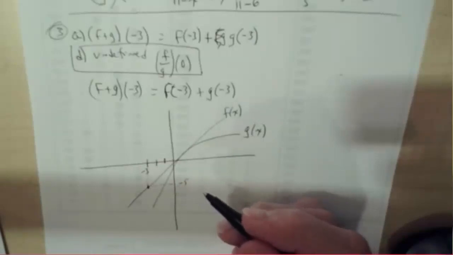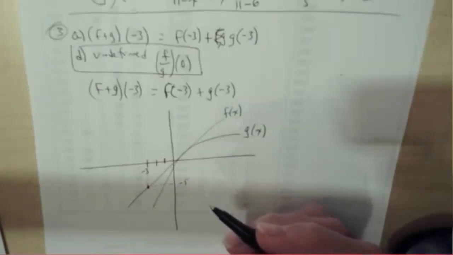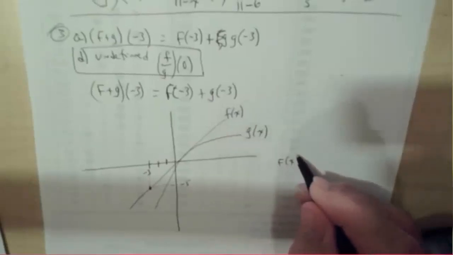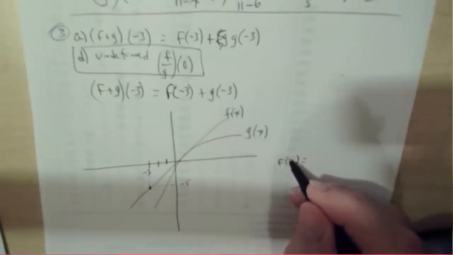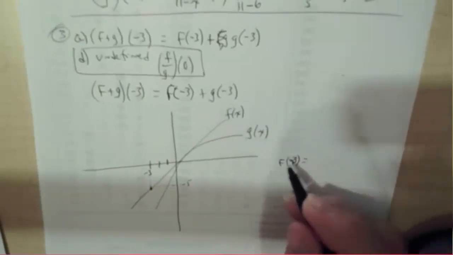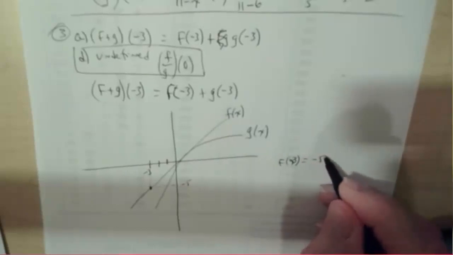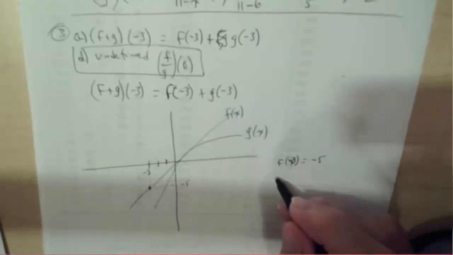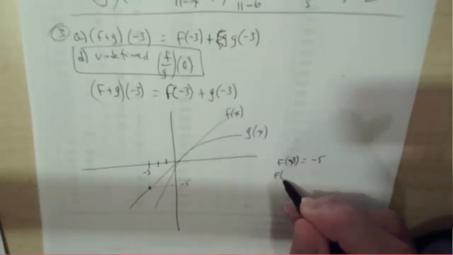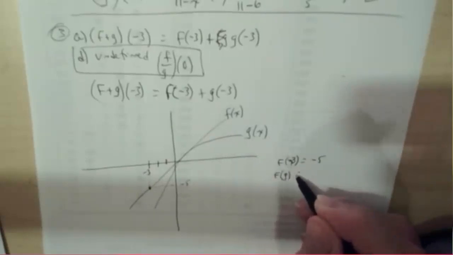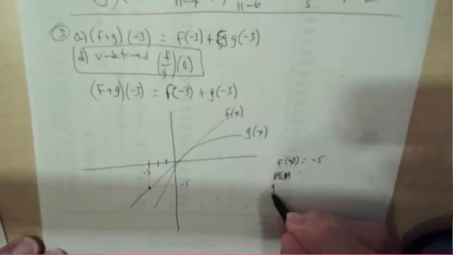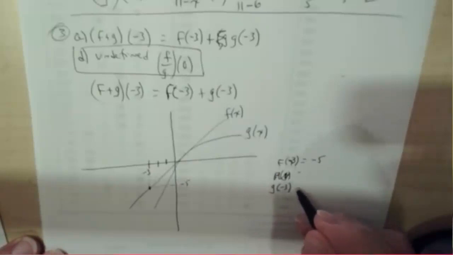So now we can say that f of negative 3 is negative 5. And g of negative 3, I'm sorry.